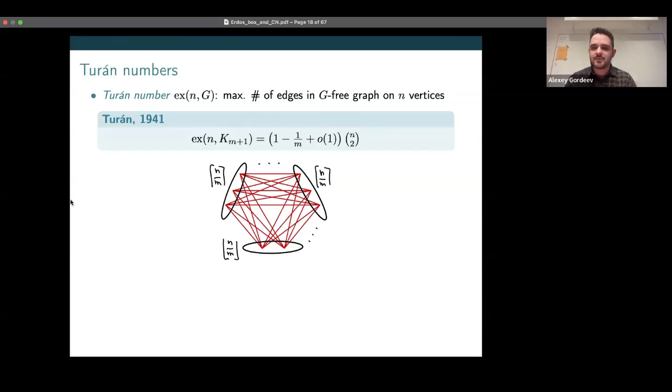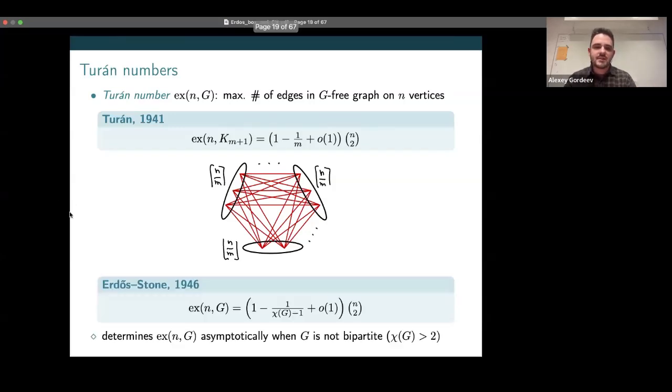It's known as the Turán graph. Soon after that, Erdős and Stone proved that you can show a similar formula for any graph G. Instead of 1 over m, you have to put the chromatic number of G minus 1, and the extremal example is basically the same Turán graph.